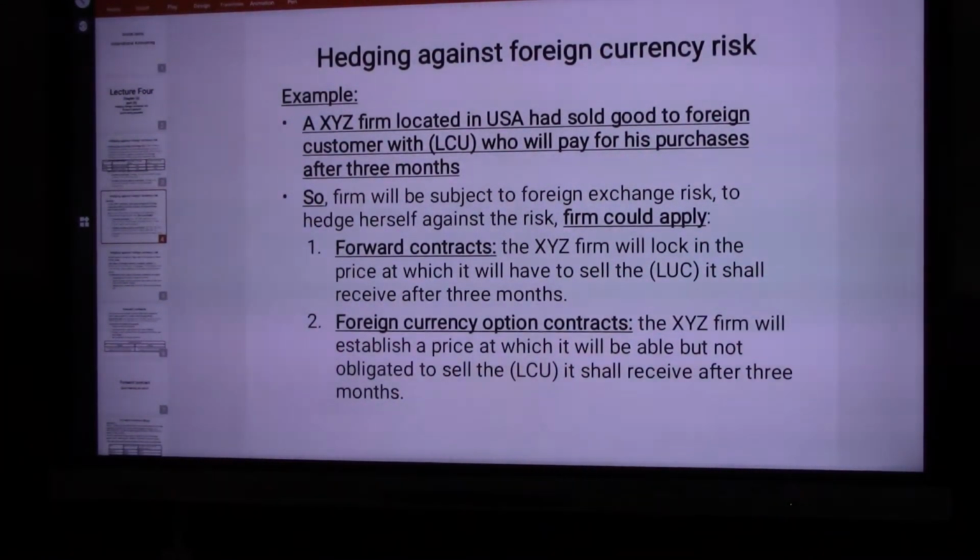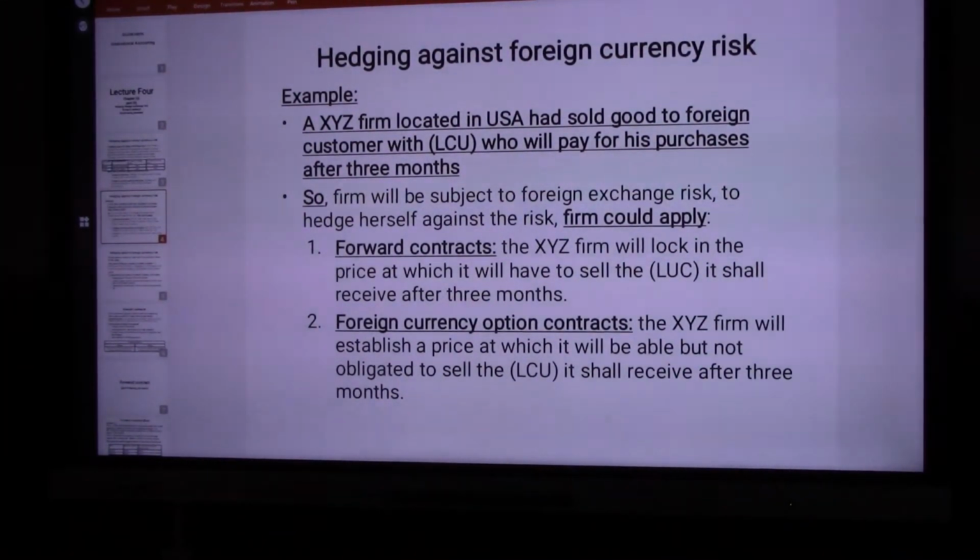The forward contract هعمل ايه؟ هثبت سعر للlocal currency unit I'm going to receive after 3 months. أنا عملت lock للprice. The firm is going to lock the price for which it is going to sell the local currency after 3 months.